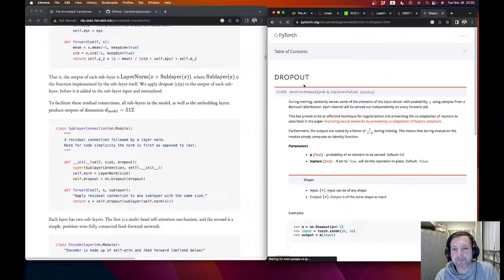Yeah, it does. So this does what it says here. During training, randomly zeroes some of the elements of the input tensor with probability p using samples from a Bernoulli distribution. Each channel will be zeroed out independently on every forward call.